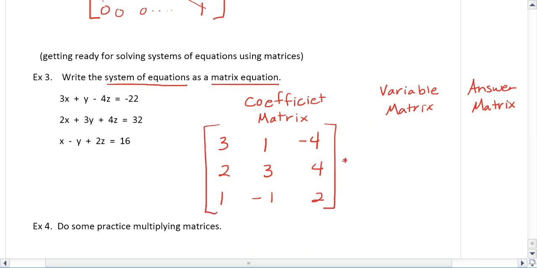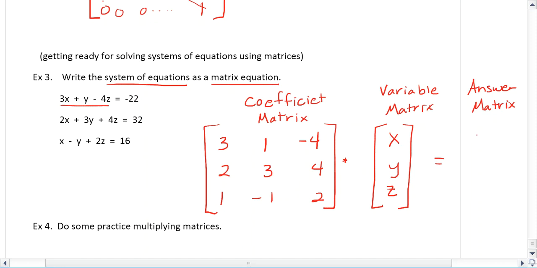And we're going to multiply that times our variable matrix, which is just x, y, z. Now, remembering what you know about matrix multiplication, if you took 3 times x, you'd get 3x, 1 times y is y, and -4z, which is just what we had right here. So if you multiply these two matrices we just made, you'd get right back to these equations.